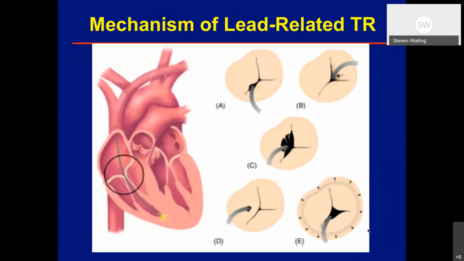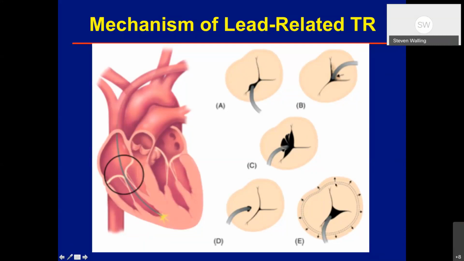And what we do see clinically is that pacemakers are more and more common, and this can cause an iatrogenic TR. In this case, you can see the lead stuck there, causing, obviously, a leak from here, with adhesion of the leaflets to the lead, and sometimes to the chordae, and this is causing perforation.